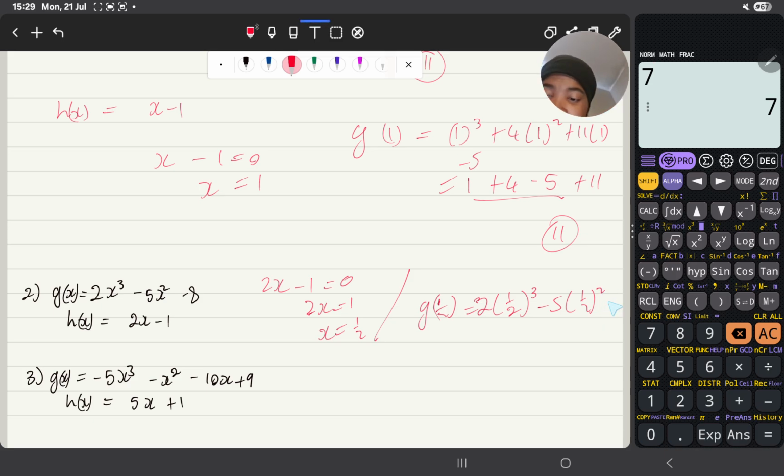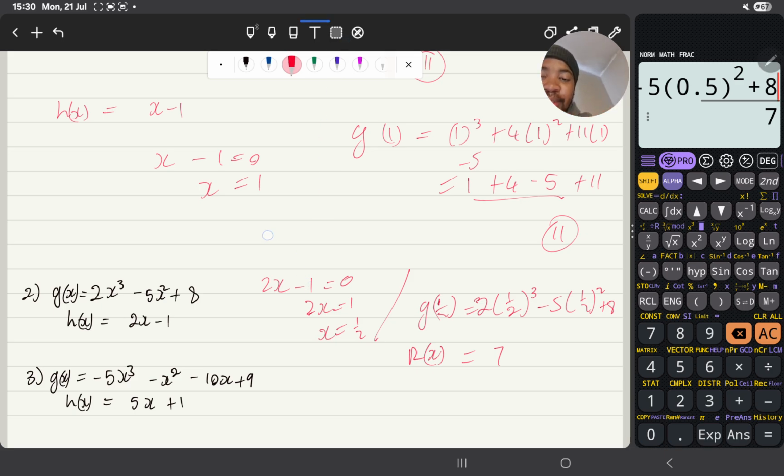Put that in your calculator. I'll just say 0.5 instead of 1 over 2. Minus 5 times 0.5 plus 8. Therefore, our remainder here is 7.